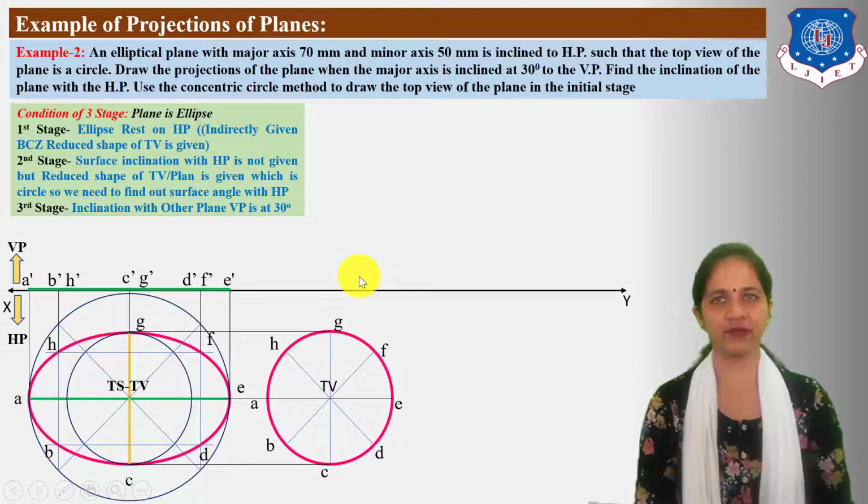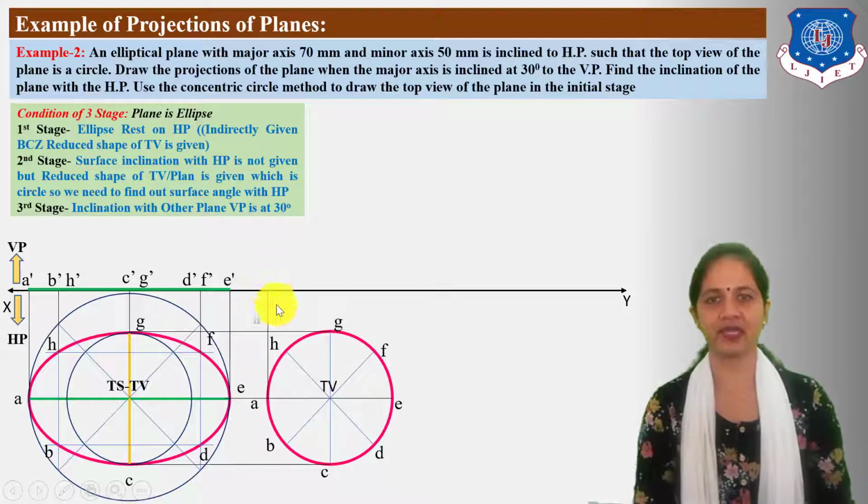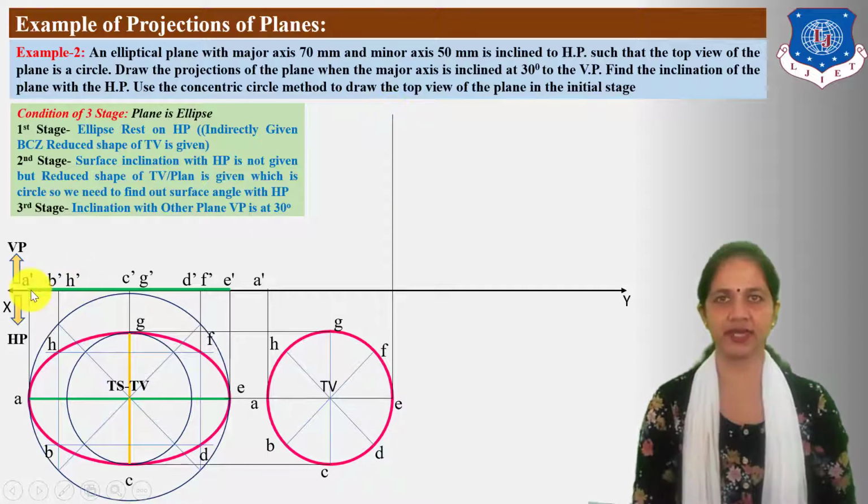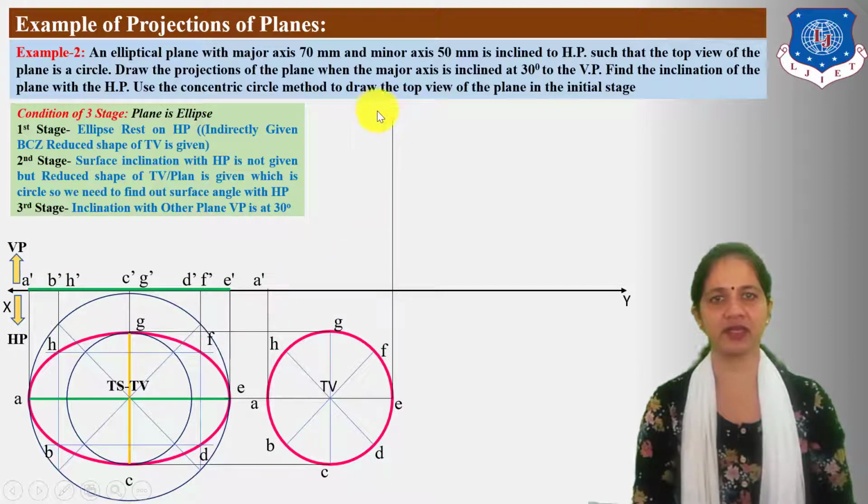Now for the front view projection, draw a vertical projection line from point A up to the XY line and keep the A dash point on the XY line. From point E, draw a vertical projection line. Next, take a radius equal to A dash E dash from the first stage front view, with center A dash, and cut an arc on the E projection line and mark the E dash point.